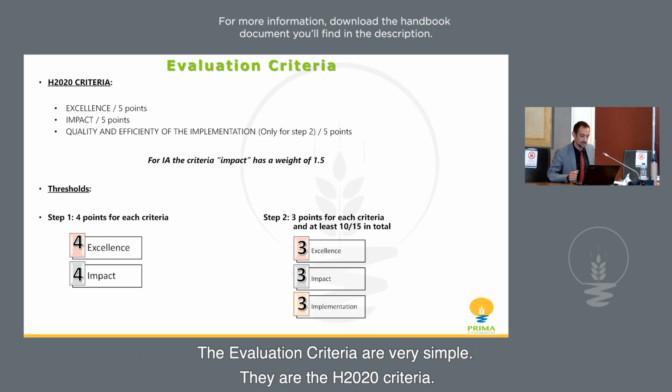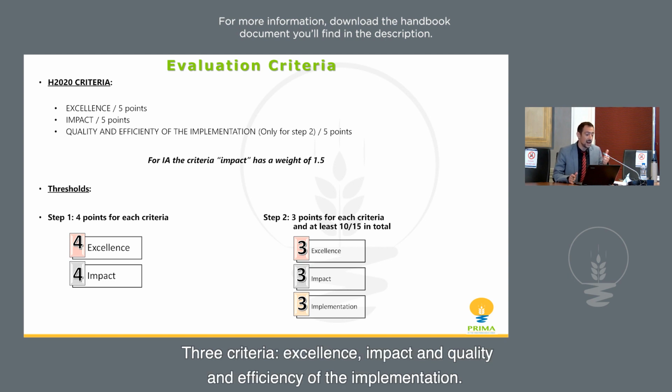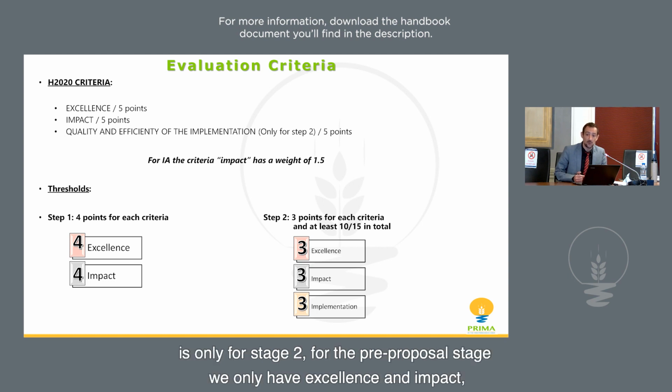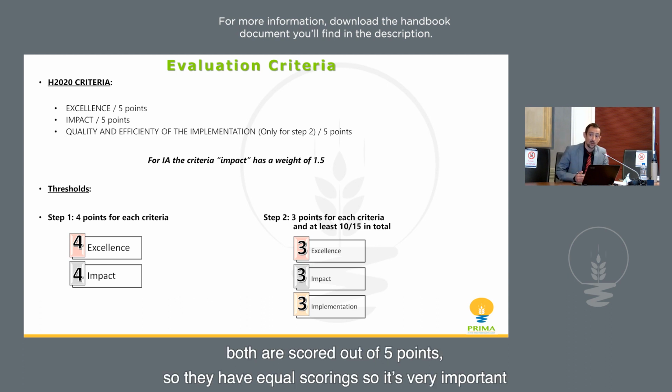Next one, please. The evaluation criteria are very simple. They are the H2020 criteria, 3 criteria: excellence, impact, and quality and efficiency of the implementation. This last one, quality and efficiency of the implementation, is only for stage 2. For the pre-proposal stage, we only have excellence and impact. Both are scored out of 5 points, so they have equal scoring.